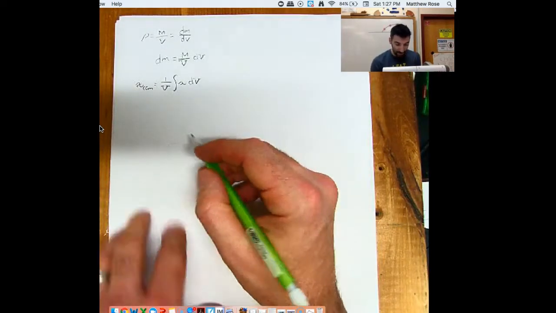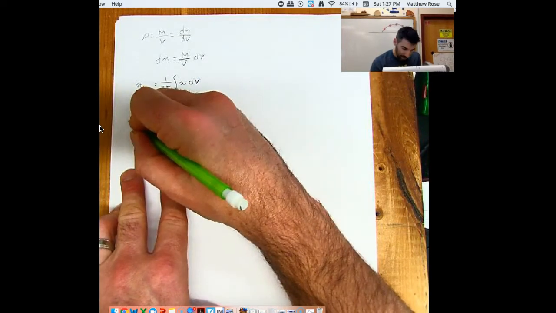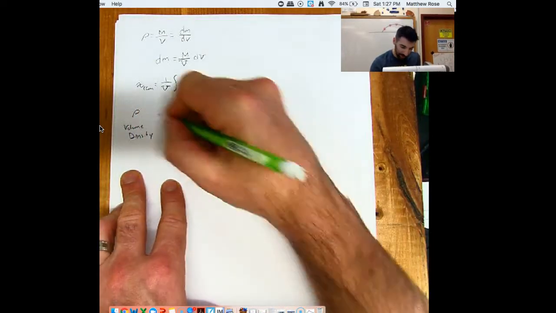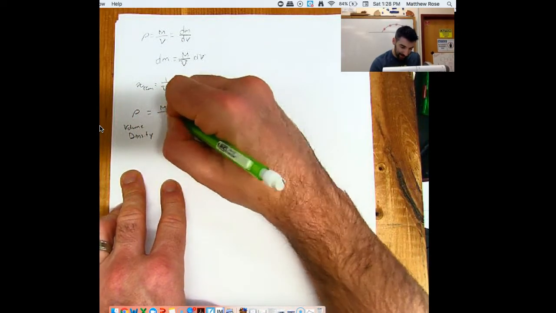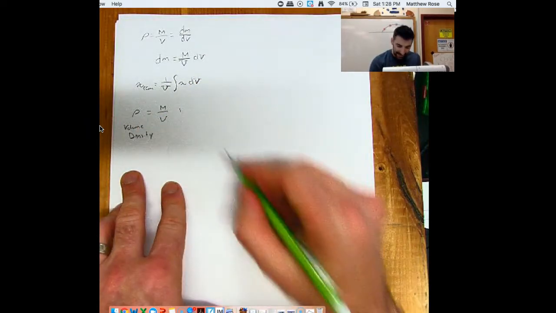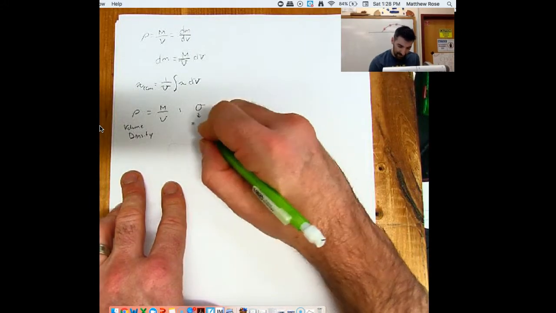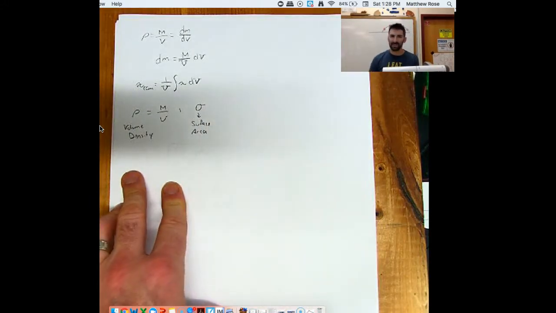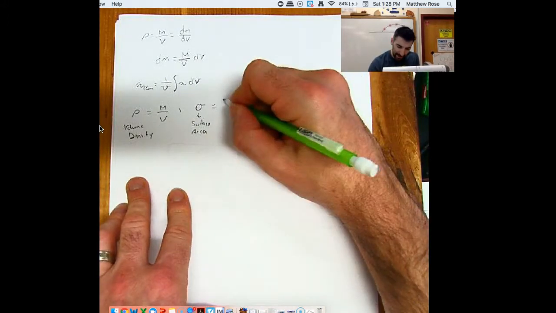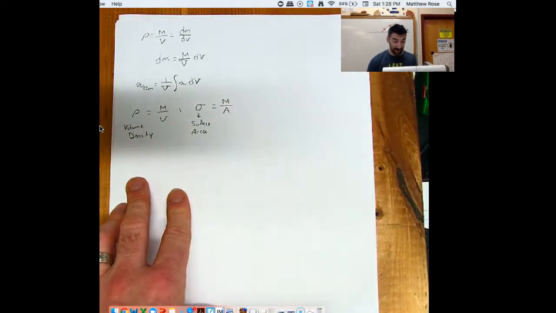So we need to remember things like if I have a volumetric density, that's the one I just wrote. I mean, we know that is mass per unit volume. The other two are kind of weird. Volumetric is given to us by rho. Sigma, right there, is my surface area density. And surface area, at least for me, for some reason, is the hardest to conceptualize, but that means I have a uniform mass distribution about the surface area of an object.